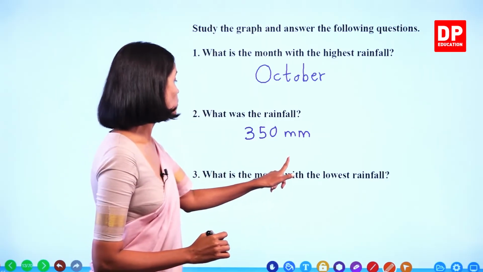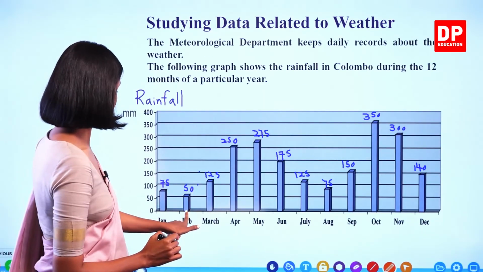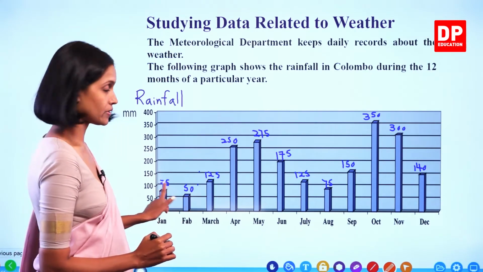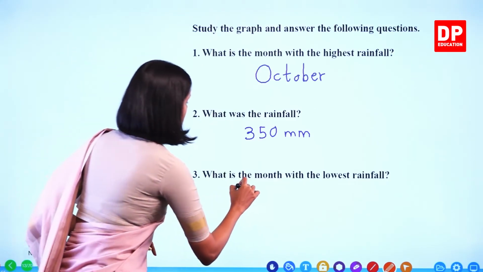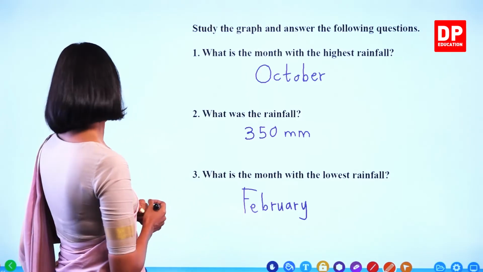What is the month with the lowest rainfall? February. What is the rainfall? 50, right? February. Okay, right.